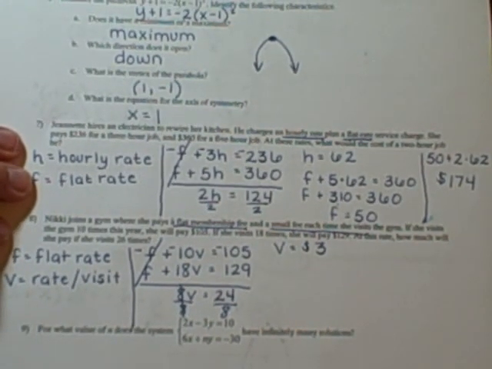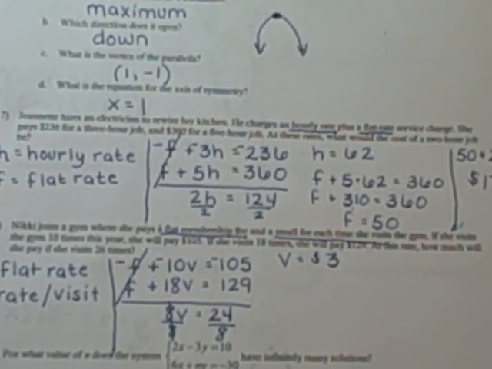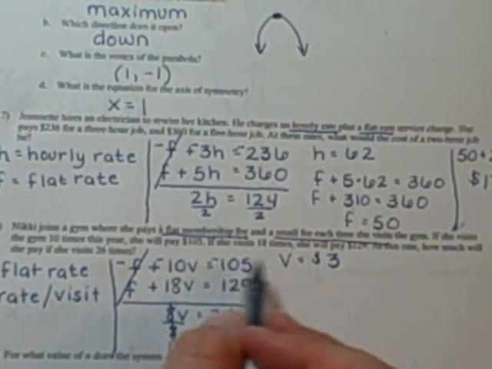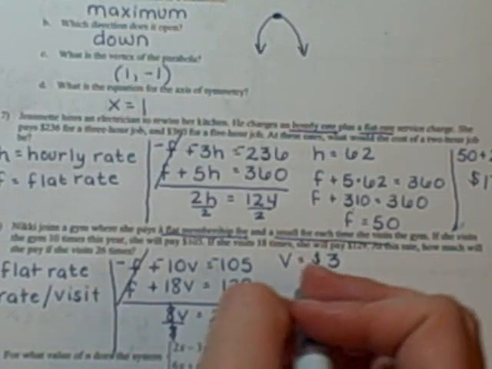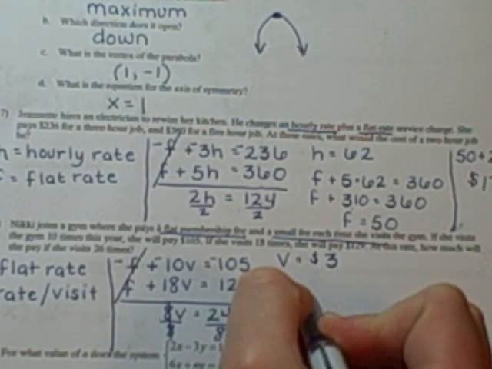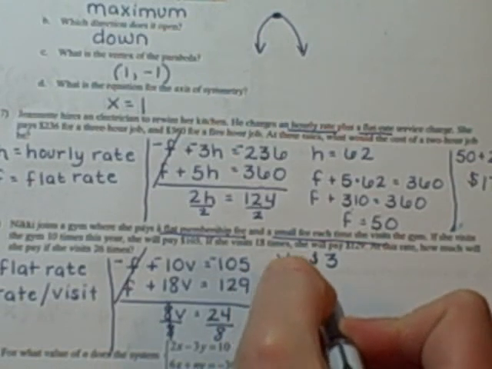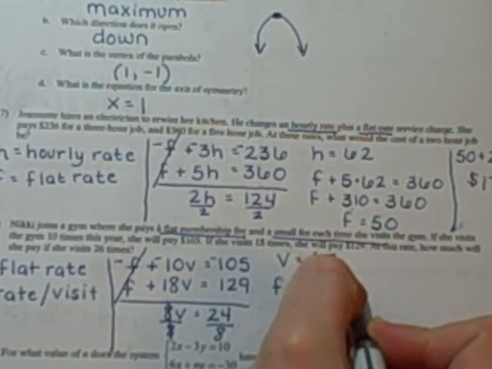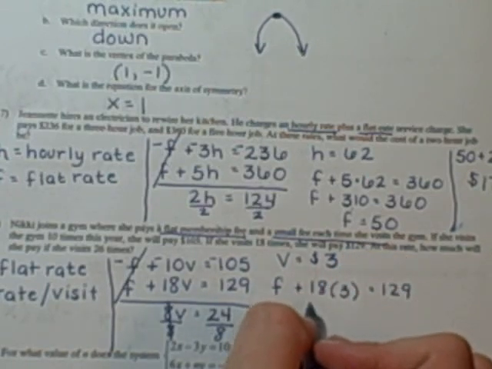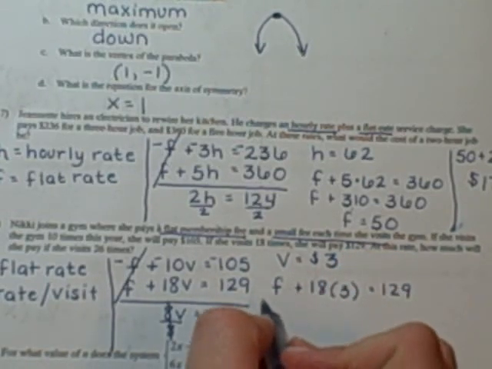Now we're still going to need to go back to find F. I'm going to take that 3 and plug it into either equation. Again, I'll probably just stick with that bottom one since I haven't messed it up too much. So I'm going to say F plus 18 times 3 equals 129. Well, 18 times 3 is 54.